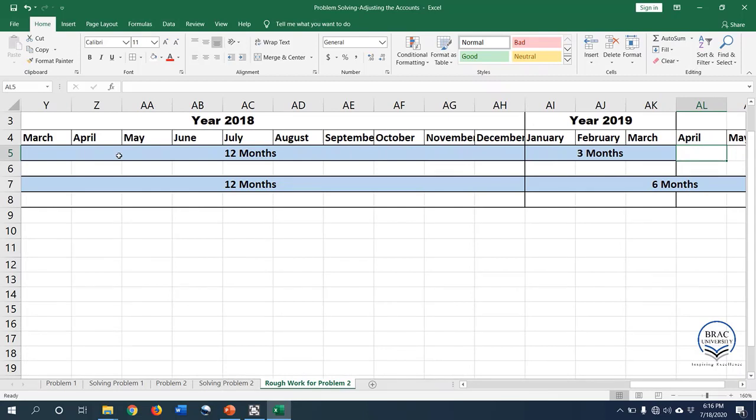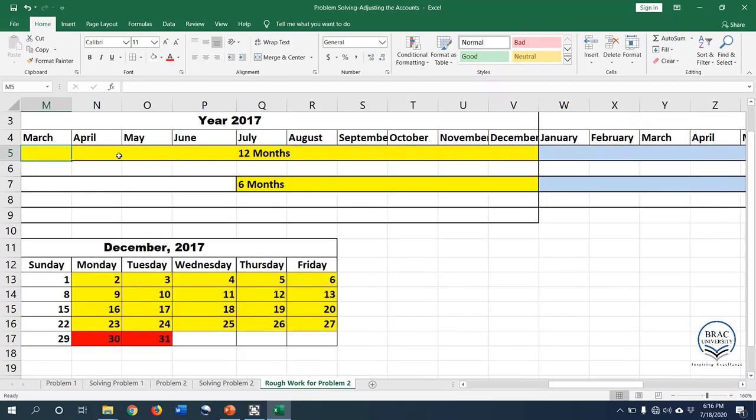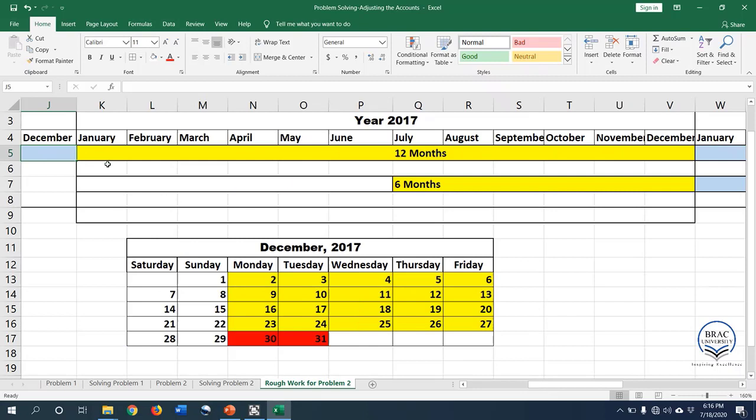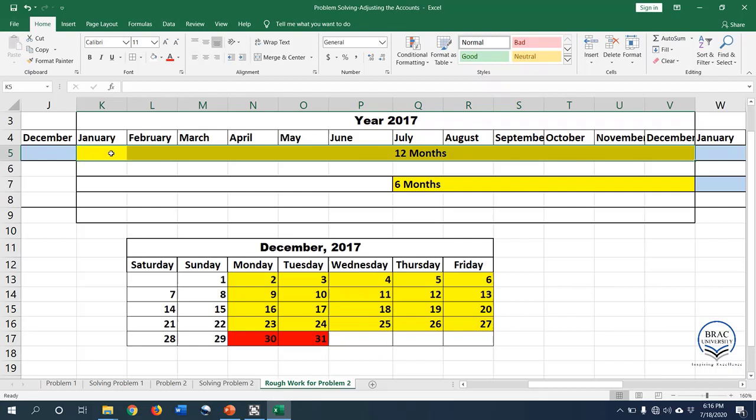Okay, but now we are not bothered about all the years. Can you guess which year we are bothered about? As I have already mentioned, we are only bothered about the adjusting entries of year 2017. That's why I have marked it yellow, so that I can keep it different from other years. So we have to understand how many months of year 2017 this insurance policy covers.